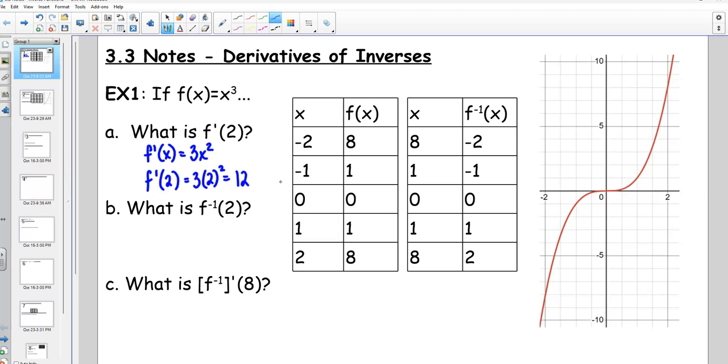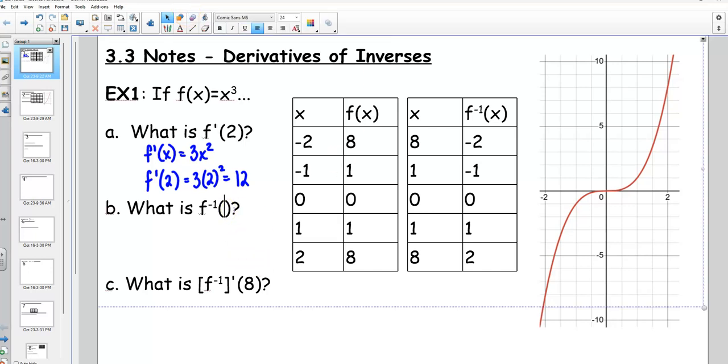Okay, I think I actually used the wrong number here. Did I mean to do f inverse? Yeah, I meant for this to be an 8 right here. Let's fix that.